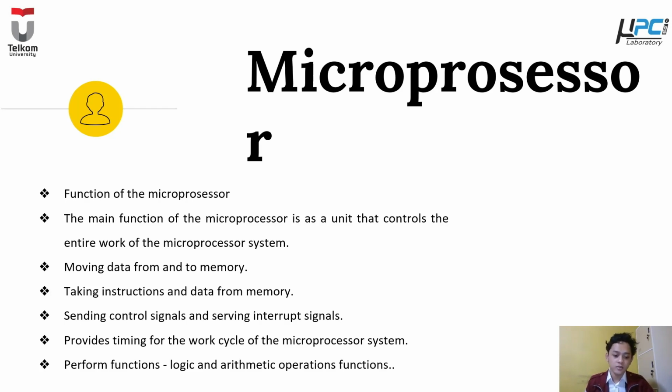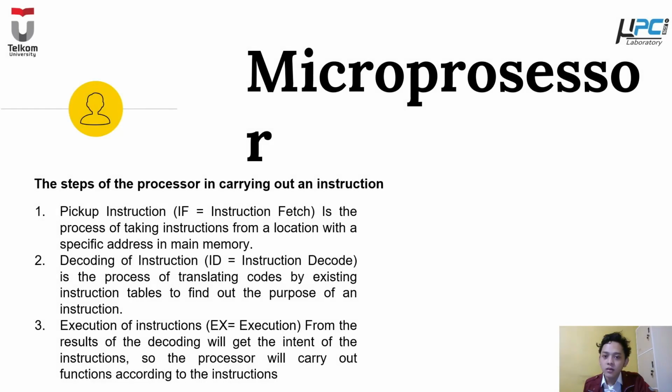The steps of the processor in carrying out an instruction. The first step is the pick up instruction, or we say instruction fetch or IF. It is the process of taking instruction from a location with a specific address in main memory. The second one is decoding of instruction or instruction decode, that we used to call ID.